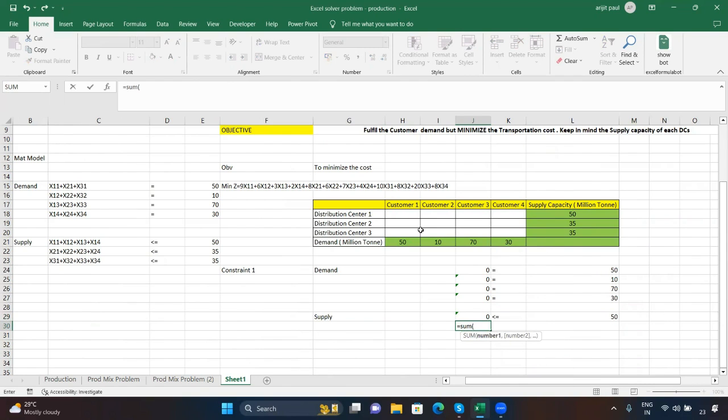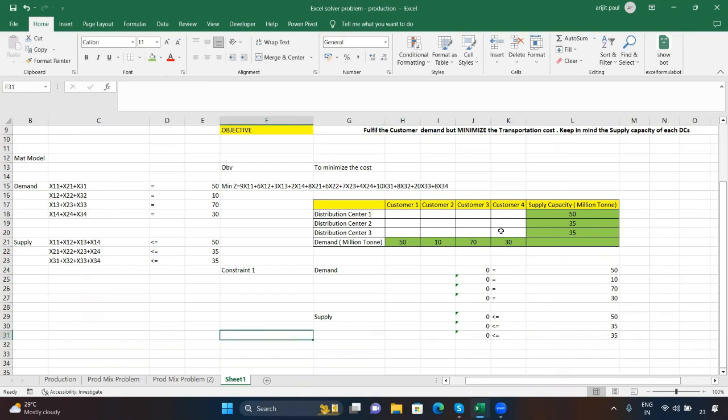Similarly for DC2, that needs to be this one, less than equals to how much? 35. For the third one, this is the one, less than equals to how much? 35. Okay. So I have formulated all the demand and the supply constraints. Now, what will be the objective function formula? Let me formulate that as well.